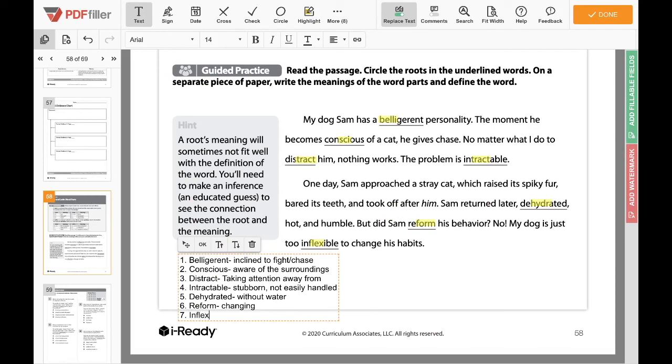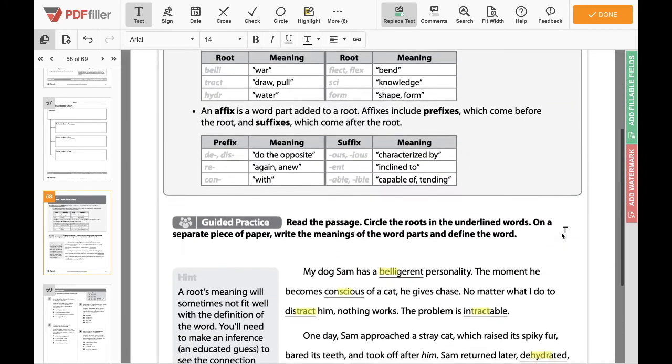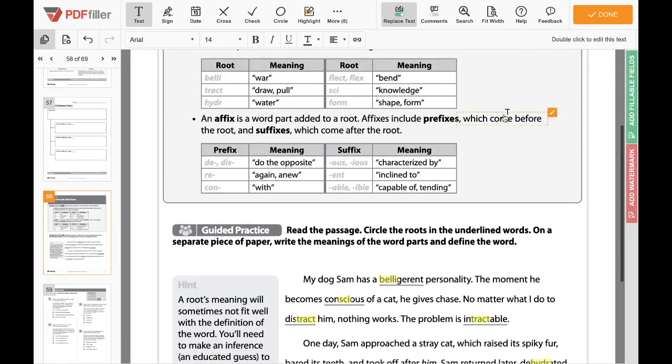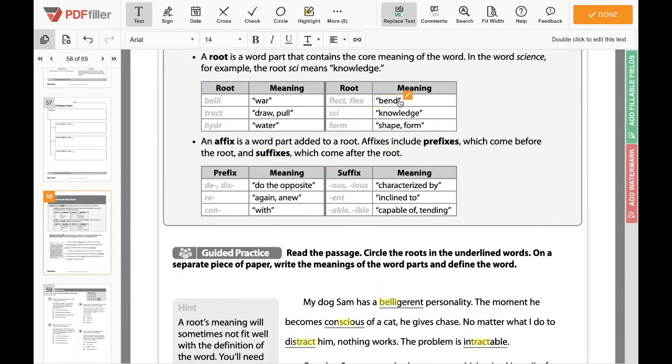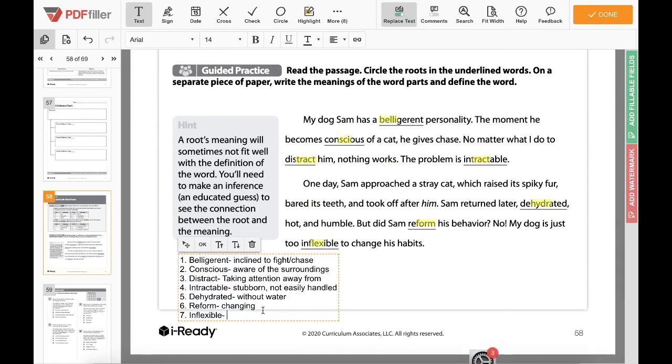Last one we have is inflexible. A lot of us probably know what this means. Again, in is that prefix that's not on here, but it means super similar to de or dis, which means to do the opposite. So flex is bend, and then able means capable of. So they're not capable of bending. Well, specifically, we're not talking about bending like bending your arm or your leg, right?